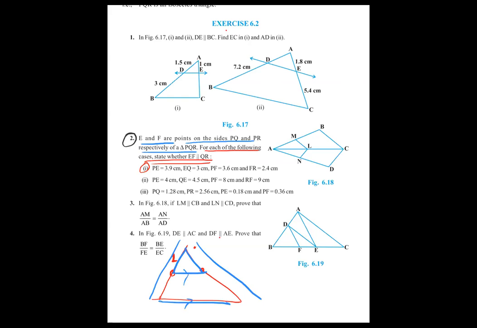Or the bottom one upon total equal to this upon total, then also they are parallel. Or top upon bottom equal to top upon bottom, then also they are parallel. In any of the three cases they are parallel. You have to check only whether their ratio is coming equal or not.